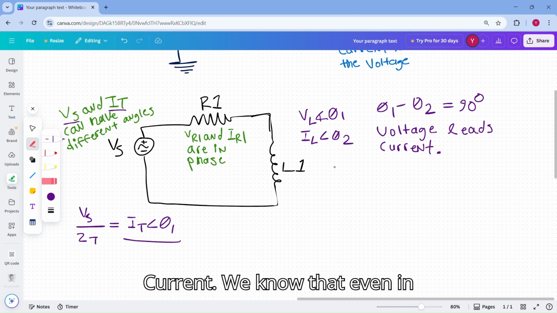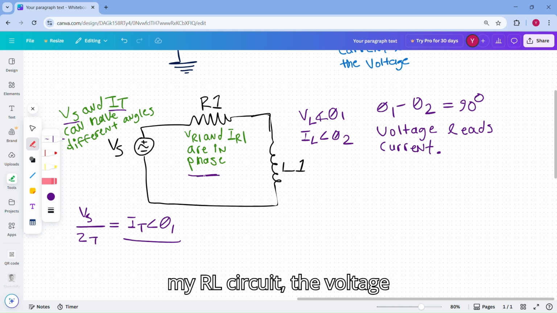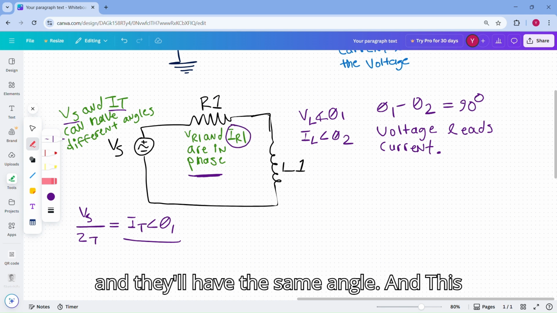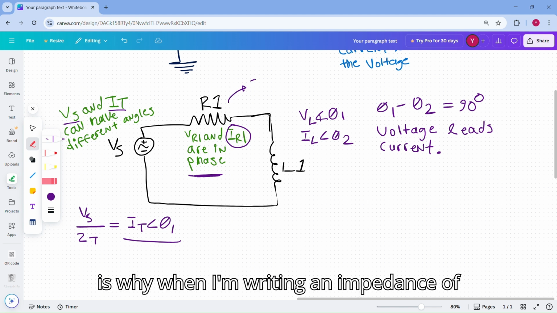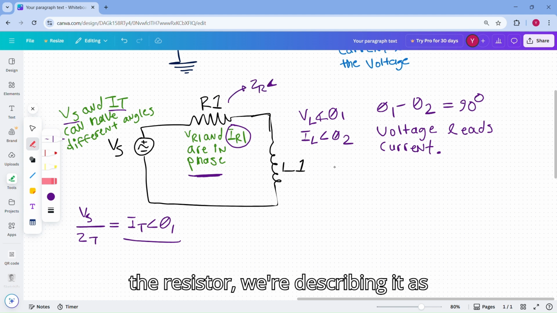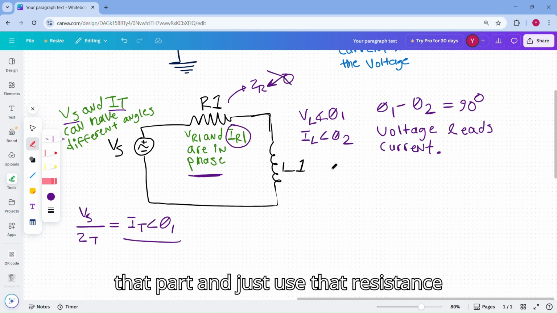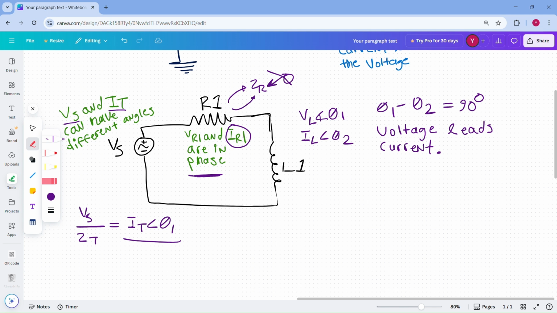We know that even in my RL circuit, the voltage of my resistor R1 and IR1, so my current as well, they're in phase and they'll have the same angle. And this is why when I'm writing an impedance of the resistor, we're describing it as 0 degrees. So we can really ignore that part and just use that resistance value.